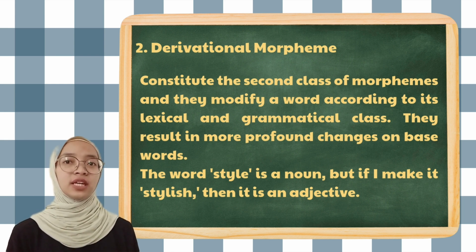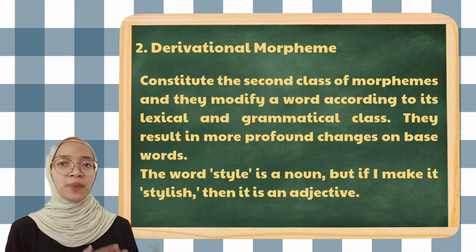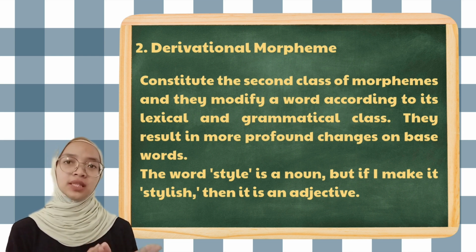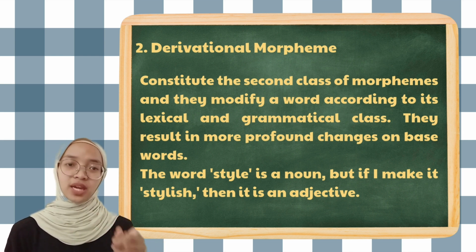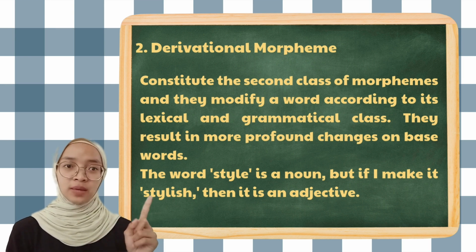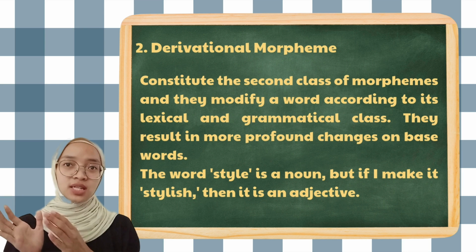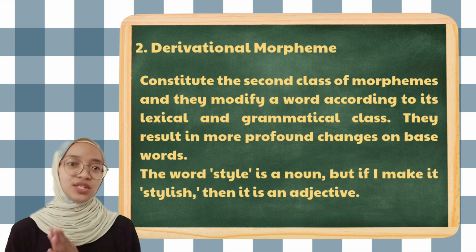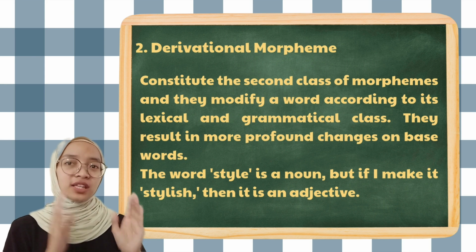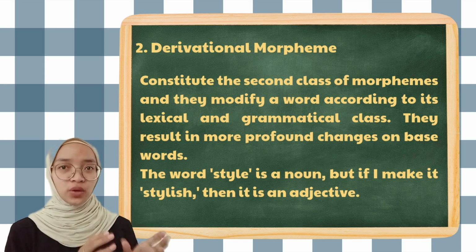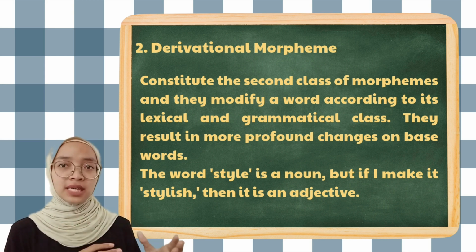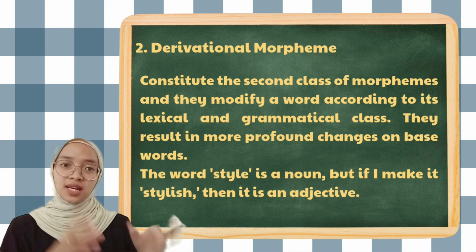They result in more profound changes on the base word. For example, the word style. Style is a noun, but if I make it stylish, then it is an adjective. So here, there is a change in word class where previously a noun becomes an adjective.